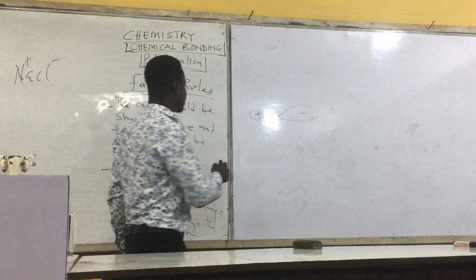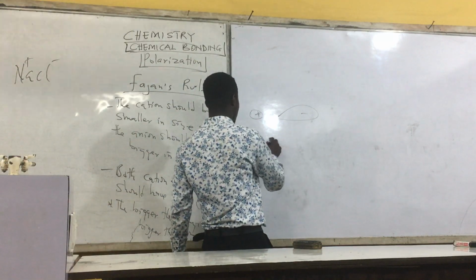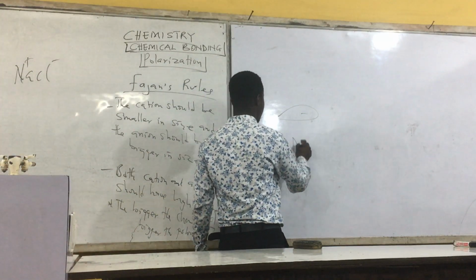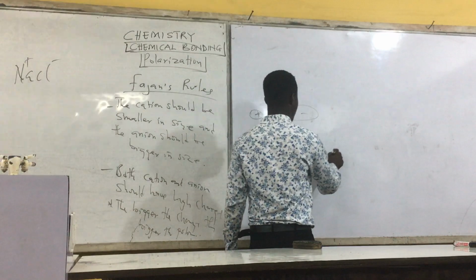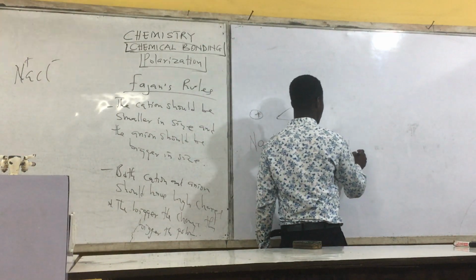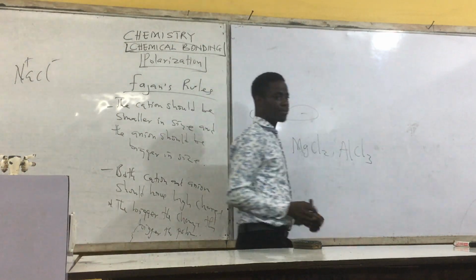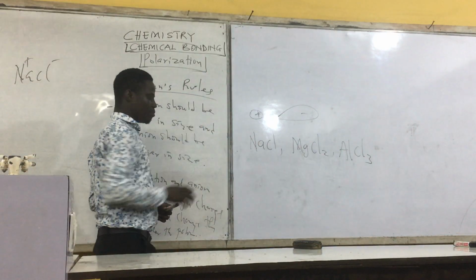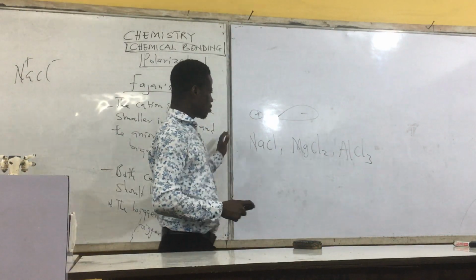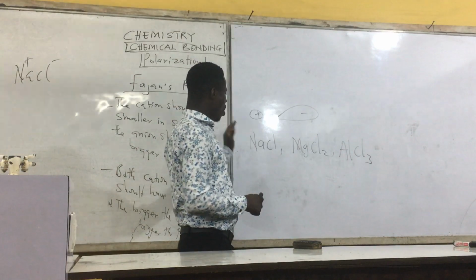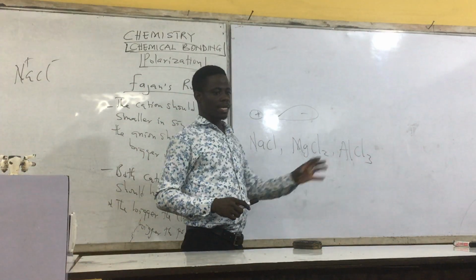What it means is that, let's assume I have sodium chloride, magnesium chloride, aluminum chloride. In these various compounds, you realize that they all have chlorine.